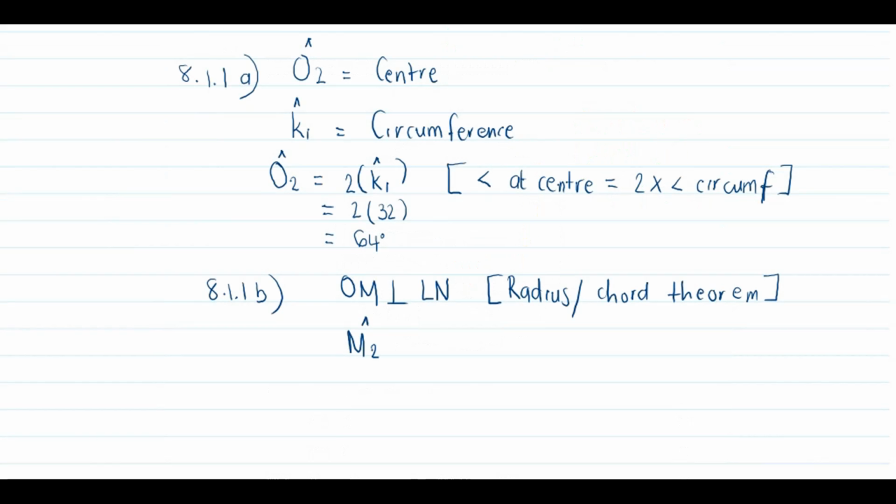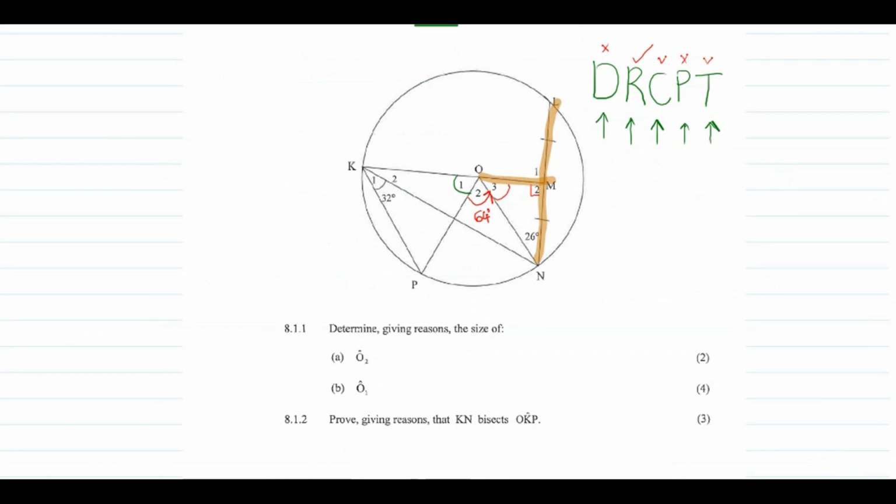Once we've calculated our N2, we can calculate our O3. How can we get the value of O3? The sum of angles in a triangle is equal to 180. So we're just going to say 180 minus 26 degrees plus 90 degrees to get our O3.